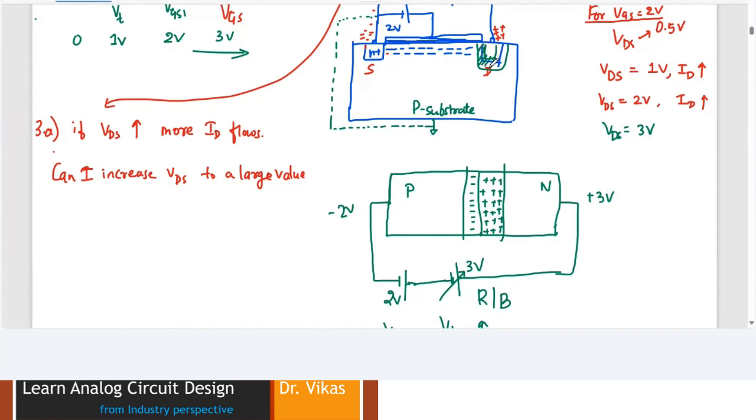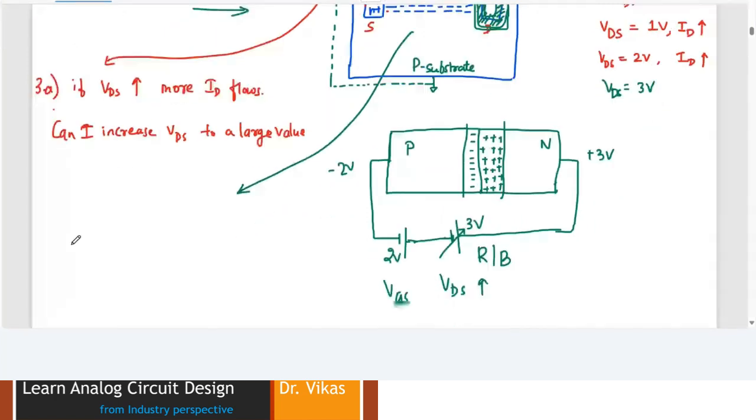That means there is a clear cut-off barrier, and your drain is partially disconnected from the channel. I'll just try to redraw it here, how exactly it looks.